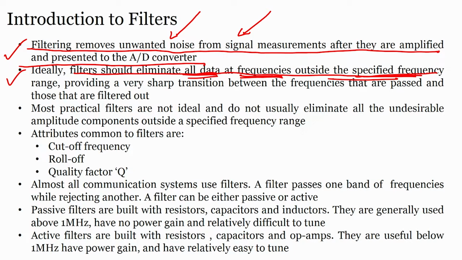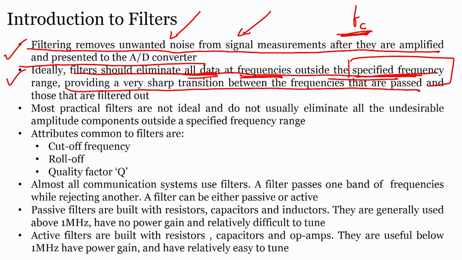If I select a frequency, let us say FC, then except this frequency, the data from other frequencies should be eliminated. That is my ideal filter, alright. That means it should eliminate all data at frequencies outside the specified frequency range, providing a very sharp transition between the frequencies that are passed and those that are filtered out.